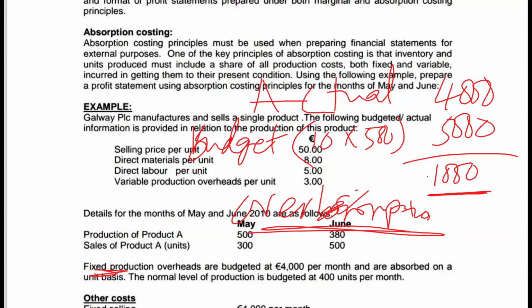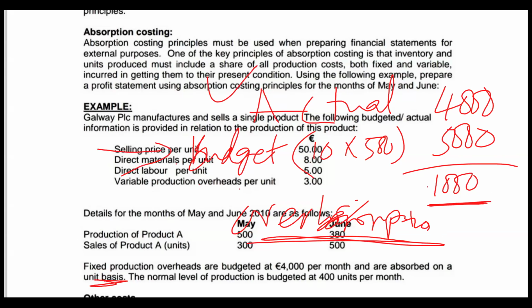Usually when I am teaching this course, when I reach here, I tell the students to just use the word budgeting, not really in writing, just for you to easily understand. When your budgeted amount is bigger than the actual one, then that is over absorption, over budgeting, right? But don't write over budgeting. Over budgeting is not official.